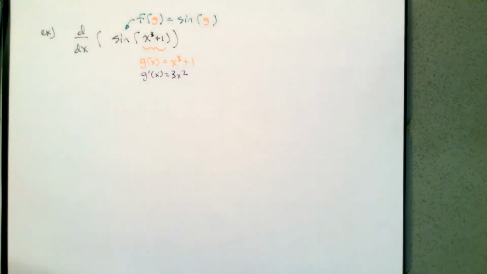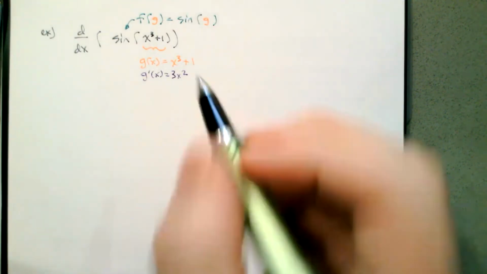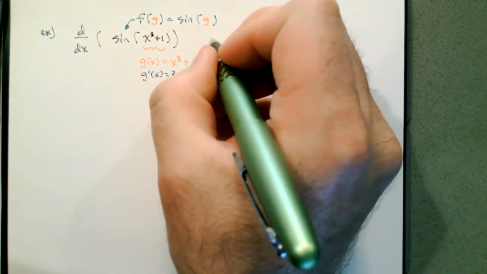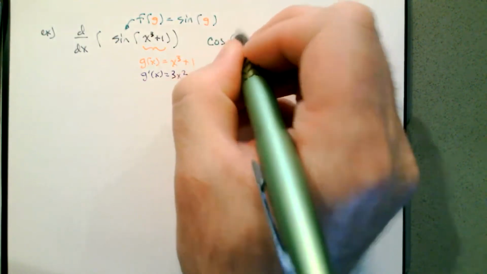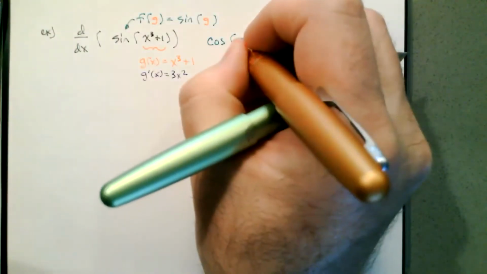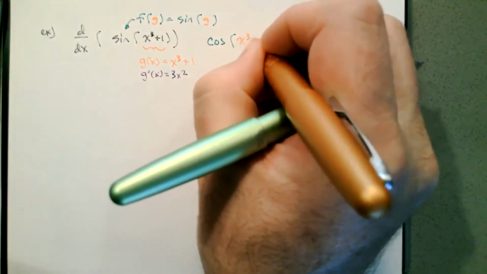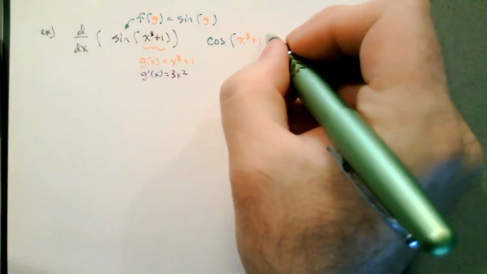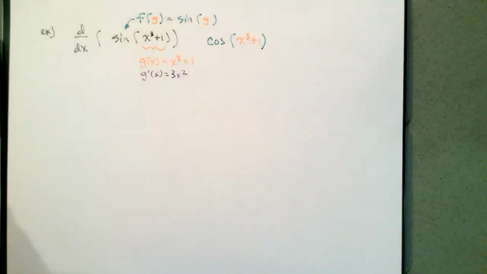So using the chain rule, we find the derivative of f with respect to g. The derivative of sine of something is cosine of that thing, times the derivative of that thing.